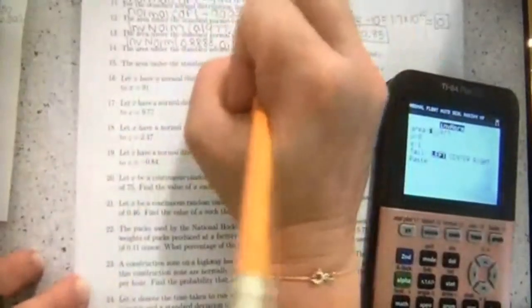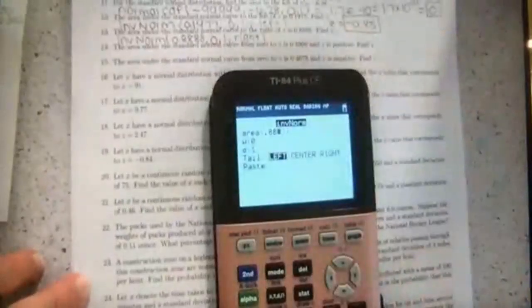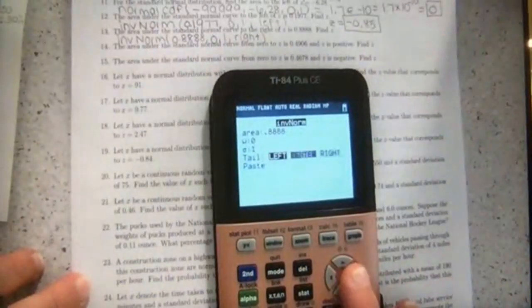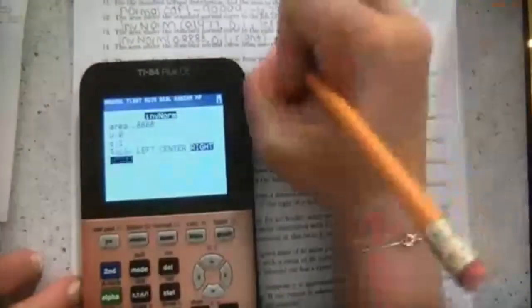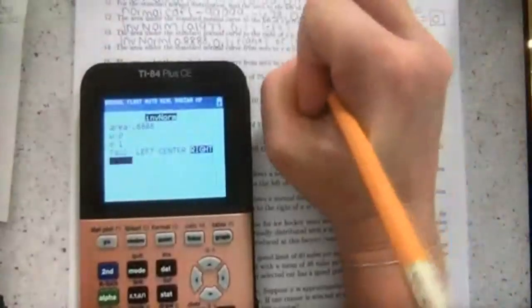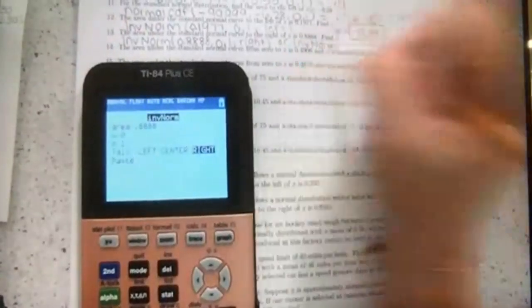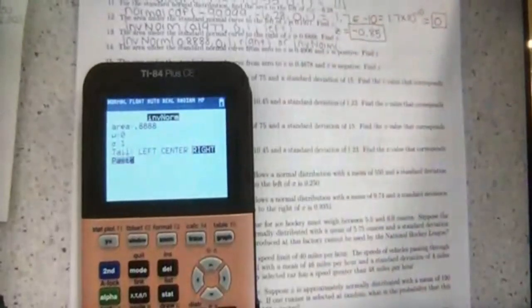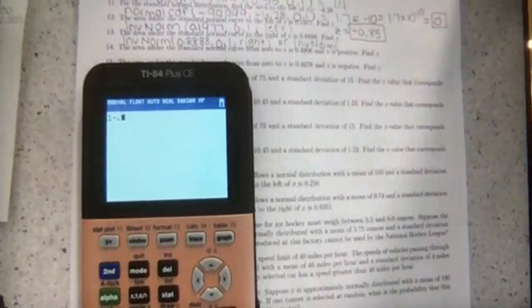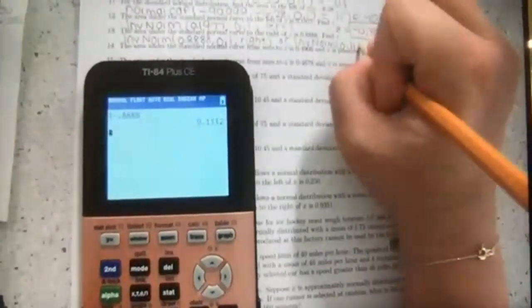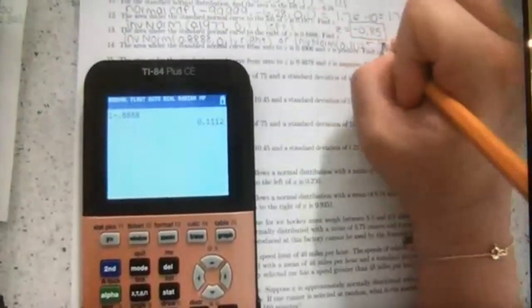My mean is 0, my standard deviation is 1, and I can tell it that this is the area to the right. Or if you have the calculator where you don't have the option for left, right, and center, yours would be the inverse norm. I need to tell the calculator the area to the left. So the area to the left is going to be 1 minus 0.8888, which would give us 0.1112.